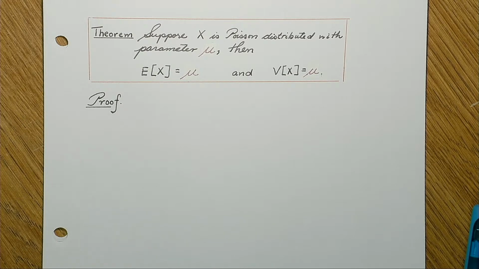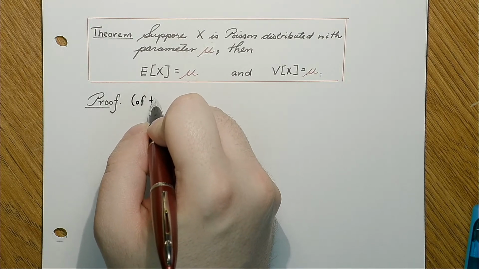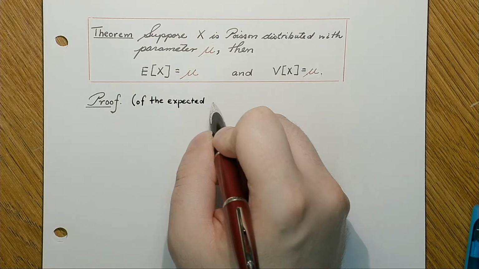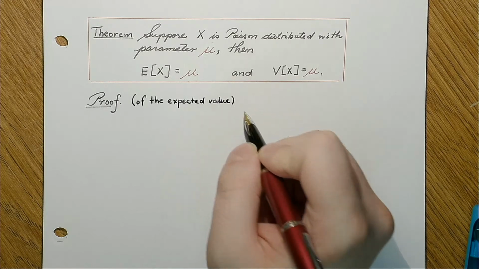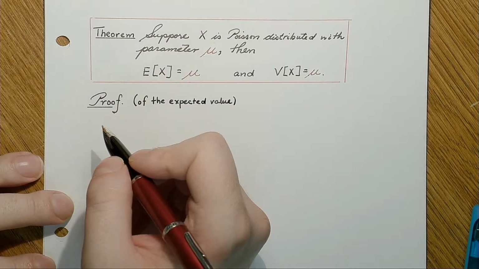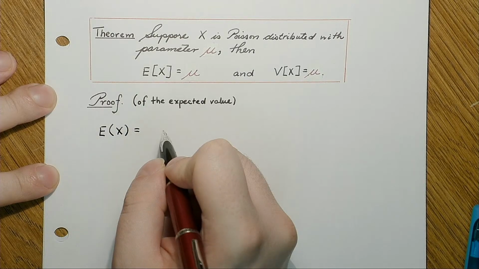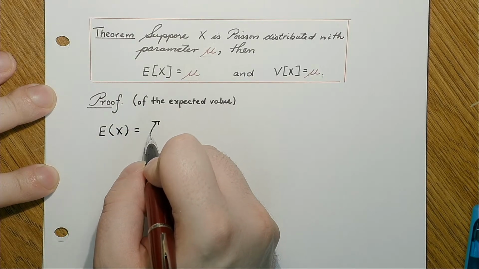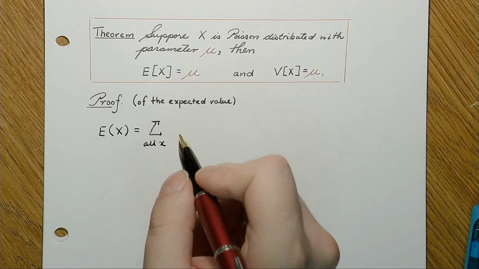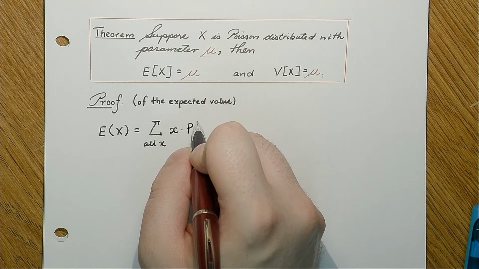Okay, so I'll do a small proof of the expected value. So we'll start off with the expected value. Here we go. And we start off with the definition. It's always good to review, but it's the summation over all the x's of the value times the probability of it occurring.